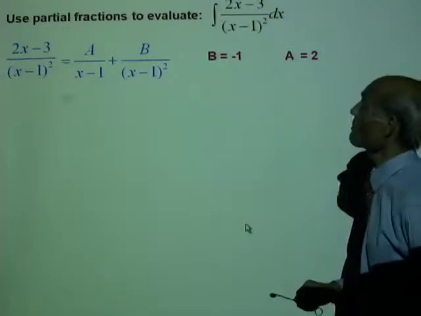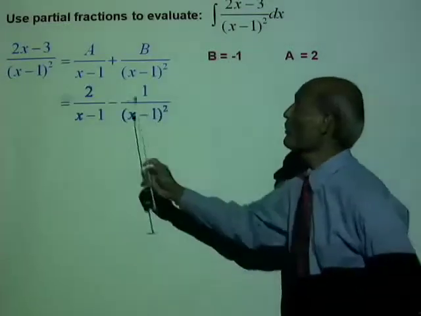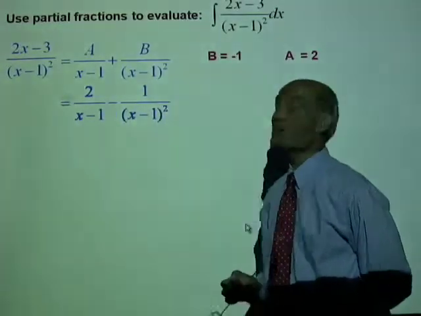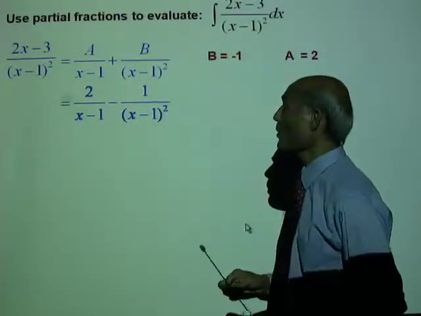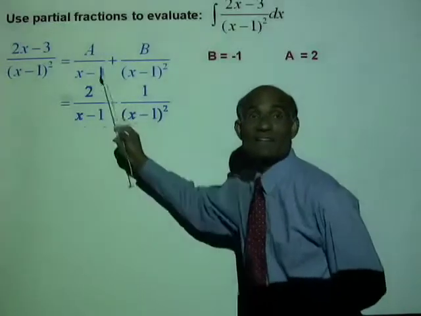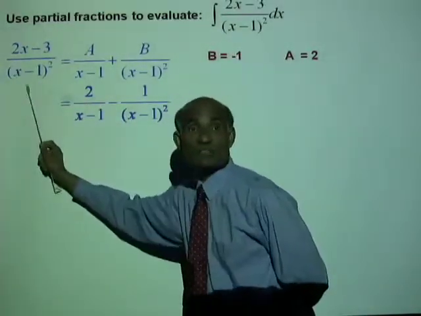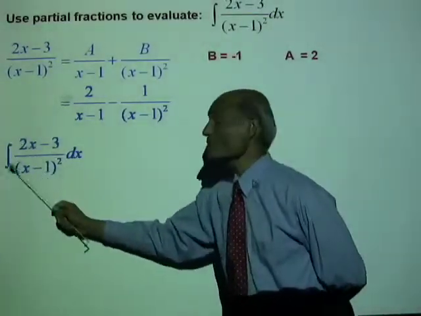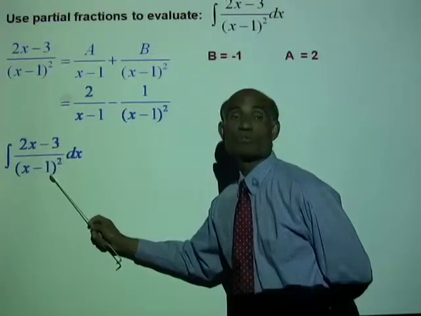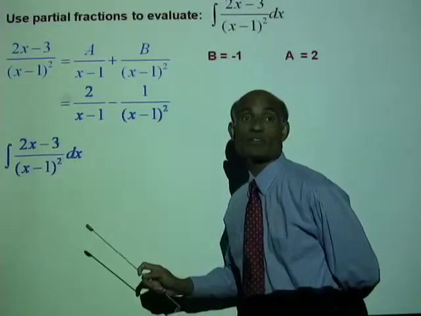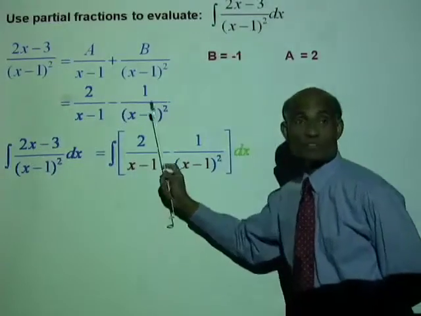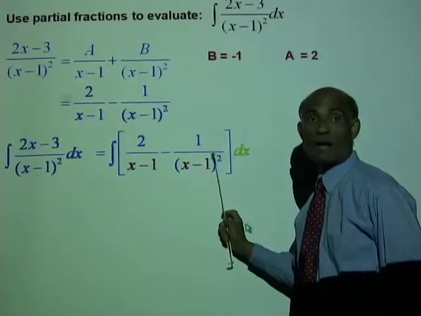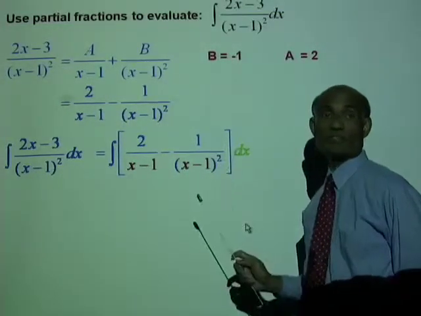We can now go and replace them. Therefore, our right-hand side will now become 2 over (x minus 1) minus 1 over (x minus 1) all squared. And instead of integrating the left-hand side, we can now integrate the right-hand side. So the integral of (2x minus 3) over (x minus 1) all squared dx can now be written as the integral of 2 over (x minus 1) minus 1 over (x minus 1) all squared dx.